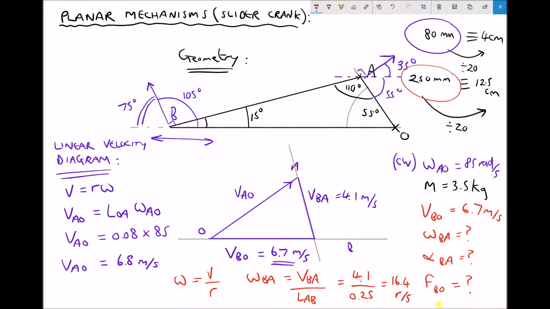Now, once again, I'm going to add that to my list of variables on the right hand side. So I have omega BA equals 16.4 radians per second.